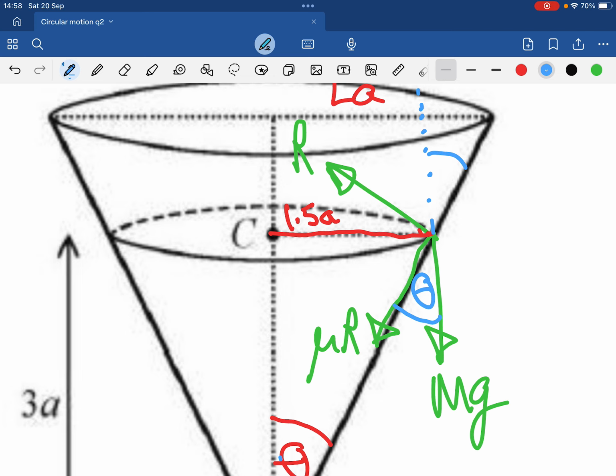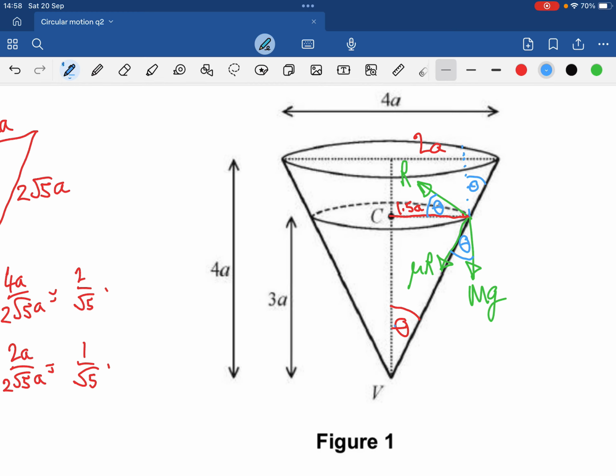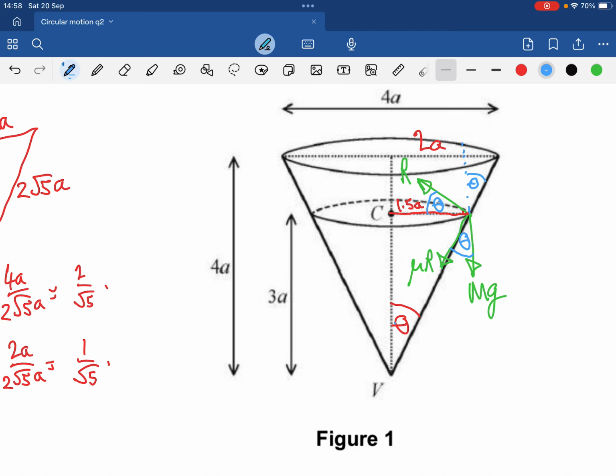This angle here must also be theta because they're vertically opposite. And because two thetas will never be adjacent on a diagram like this, this one here has to be a theta. Yeah, those are all the ones that we need to resolve vertically and horizontally. So having said that, let's move on to that step. Resolving vertically is a good idea here first.